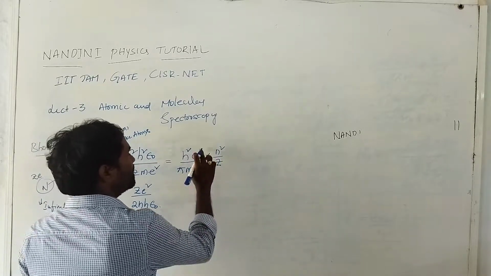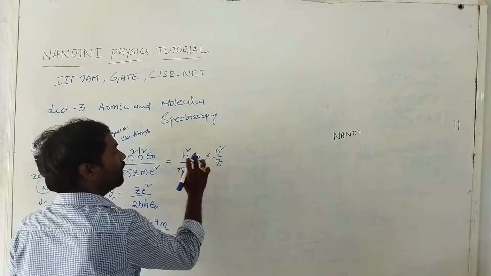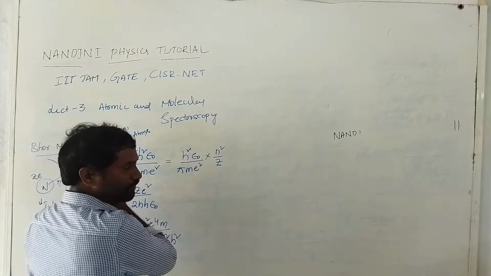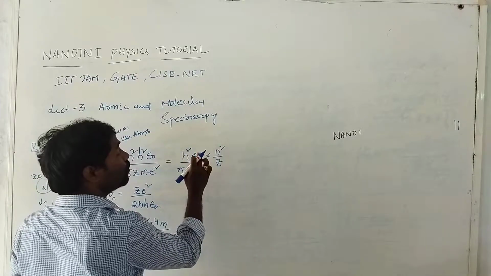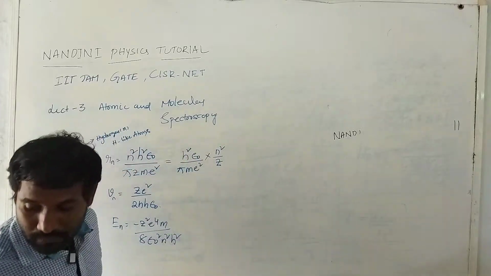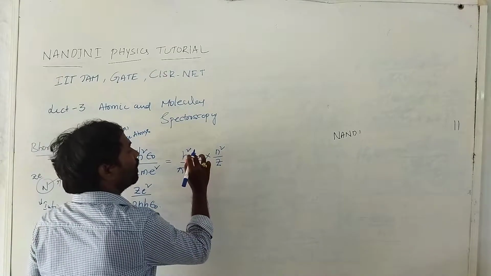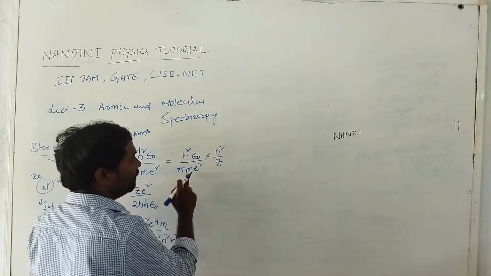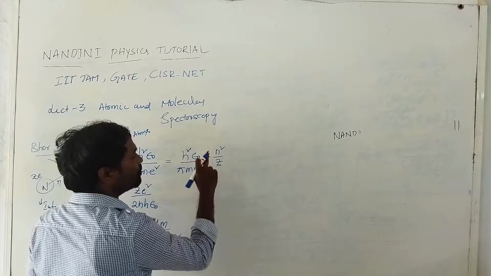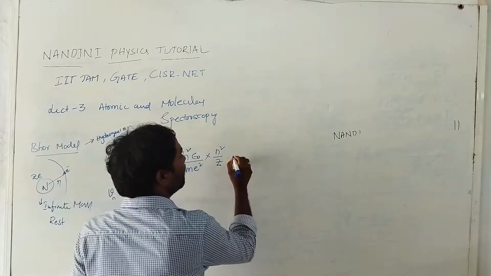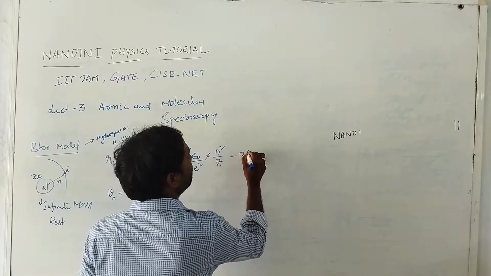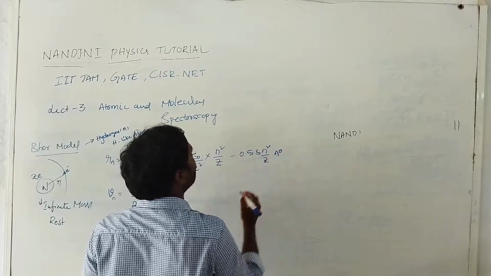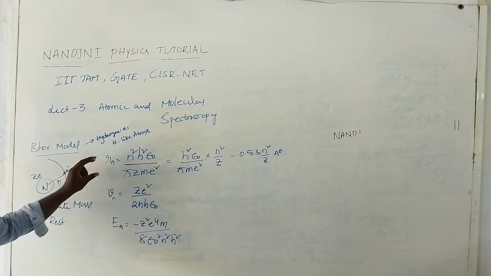We already know that epsilon naught is the permittivity, h is Planck's constant, pi value we know, and m is the mass of the electron. So you substitute all these values, and you will get 0.53 n square by z angstroms. This is the Bohr radius.